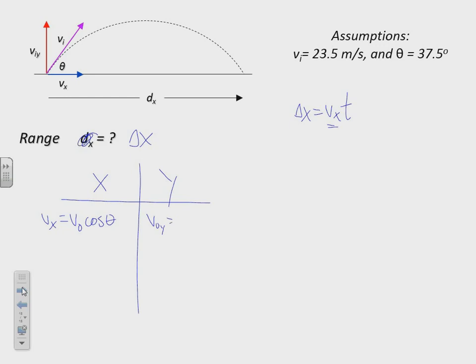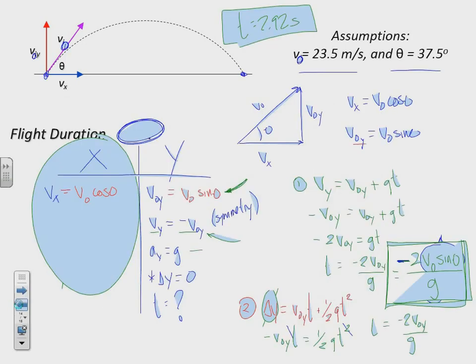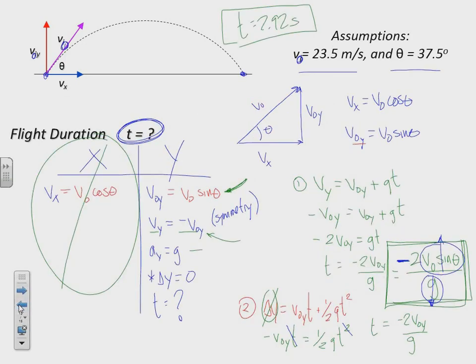V naught y is v naught sine theta. Remember, v final y is negative v naught y, right? A is g. This is upward, and that's downward, and that's downward. And we want to find t, and I'll refer you back to what we did 2 slides ago for how we found time in the air. I'll just show you. I didn't give you an answer here. Oh yeah, I did. 2.92 seconds.